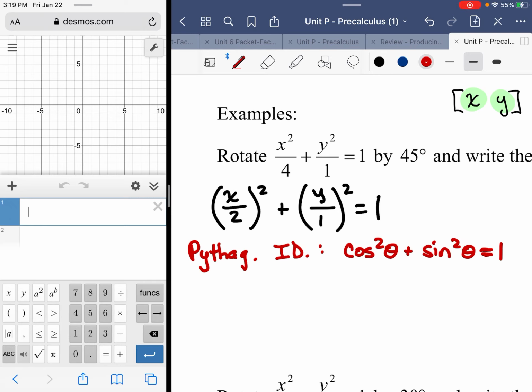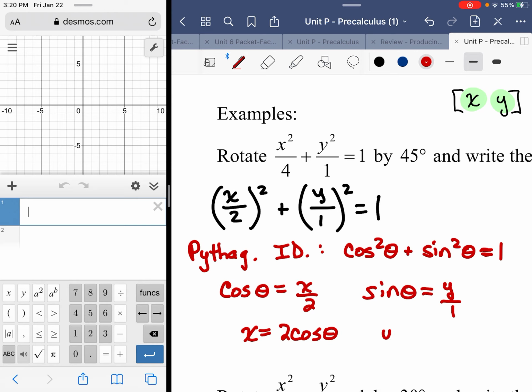So if cosine of theta is equal to x over 2 and sine of theta is equal to y over 1, then we'd be able to make that substitution and our rule would apply. All right. So we're good there. So now I have a relationship that gives us x in terms of theta, so x equals 2 cosine theta, and y would just be equal to plain old sine of theta.